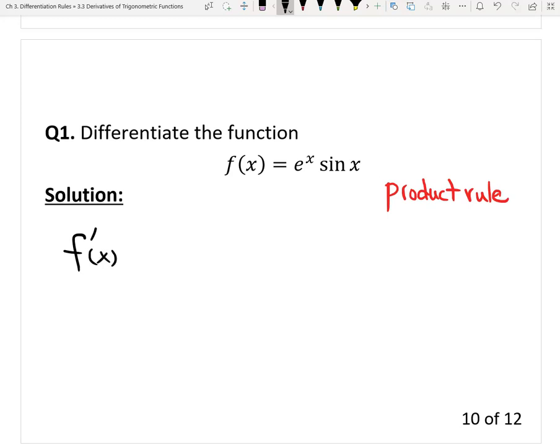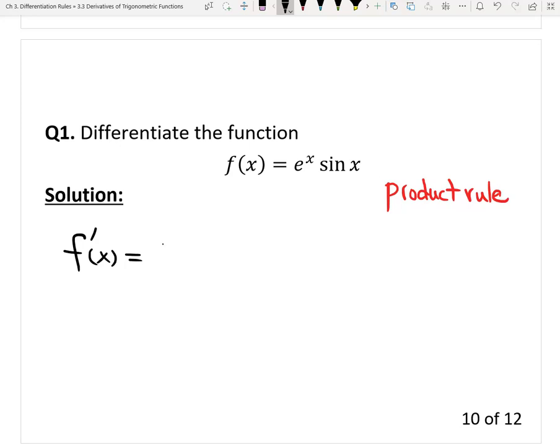f prime equals... Remember, here e raised to the x is the first function f, and sine x is the second function g. So how to use the product rule? I think you remember this.